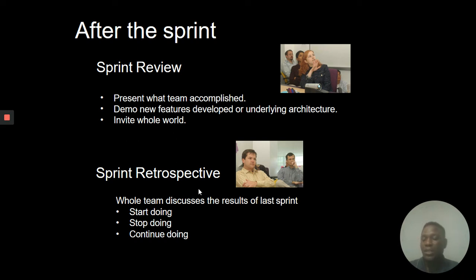Then in the sprint retrospective, they discuss the results of the sprint. They go through what went right and what went wrong. They decide whether there are things they need to change, whether there are processes they need to further improve in order for the next sprint to be better.